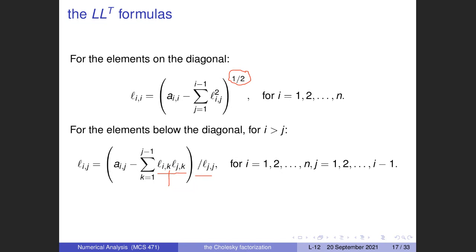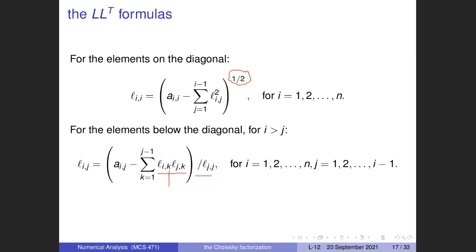So instead of having k comma j, we have j comma k. That indicates that we actually are in the unraveling of the L times L transpose product. We are kind of recomputing these products, but in a very organized manner.